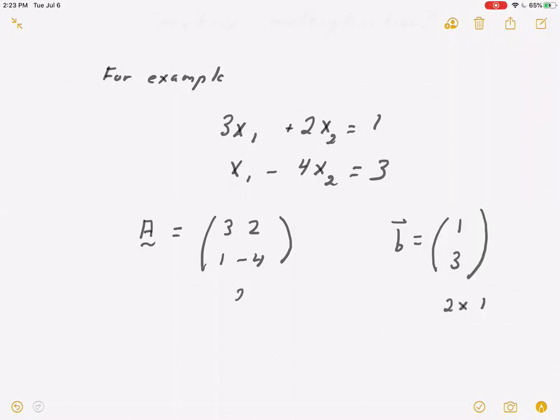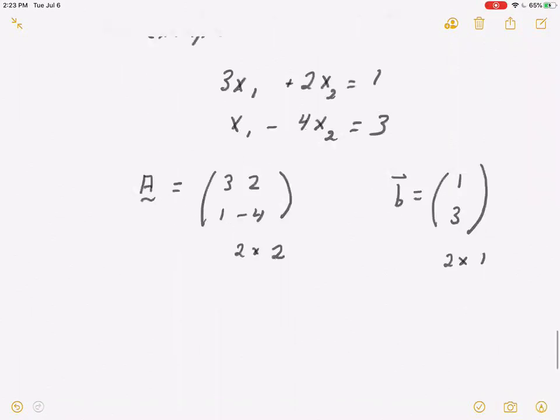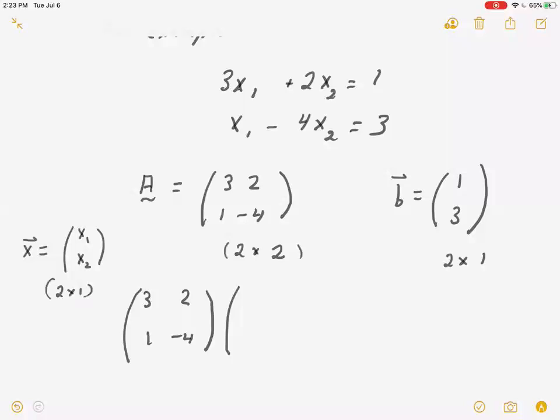My coefficient matrix is a 2-by-2 matrix. And if I want to multiply these matrices, there's a third matrix in this problem, the matrix of unknowns, X, and that's just a matrix that has 2 rows and 1 column. So there are 3 matrices I have to worry about.